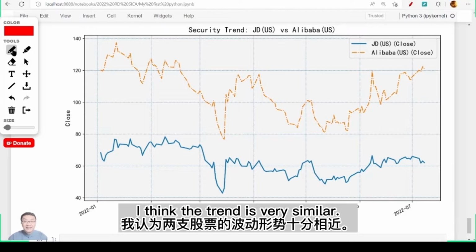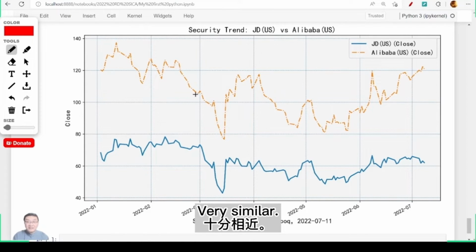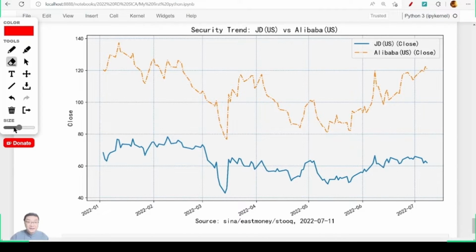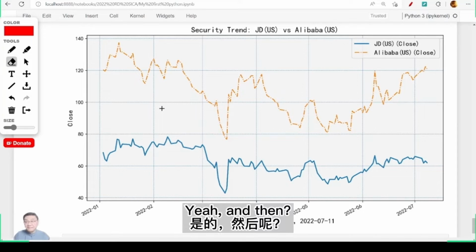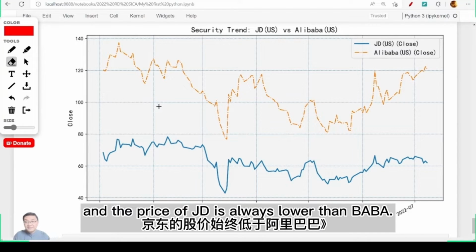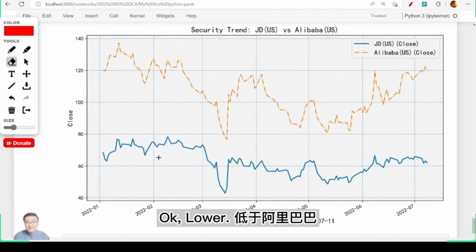I think the trend is very similar to each other, right? And the price of Jingdong is always lower than Alibaba.